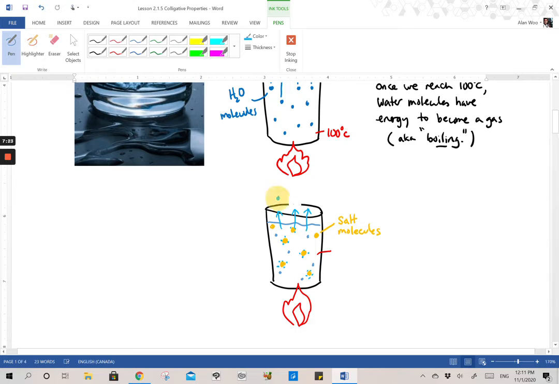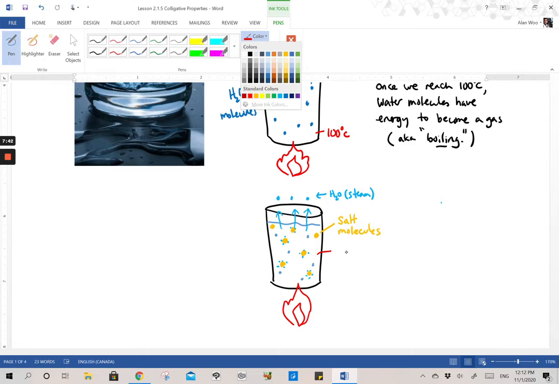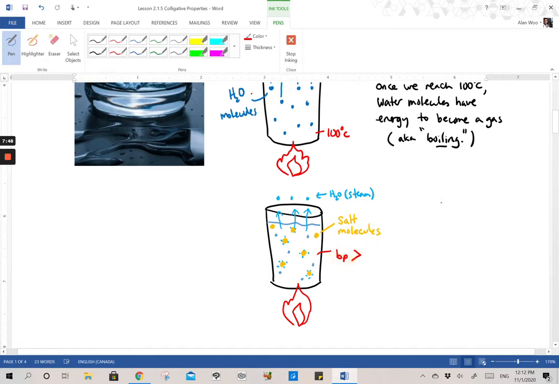Okay, so you still have boiling happening. Okay, and it's only the water molecules that are boiling. But because the salt molecules kind of interfere with this process, the temperature that you have to heat it to has to be higher than 100 degrees. So the boiling point has to be greater than 100 degrees Celsius. Okay, and it often depends on how much dissolved substance is present.